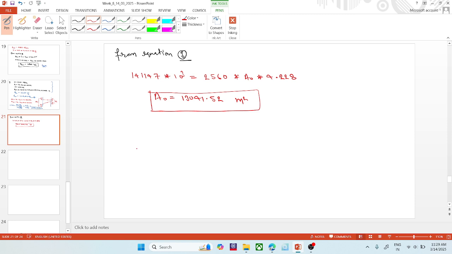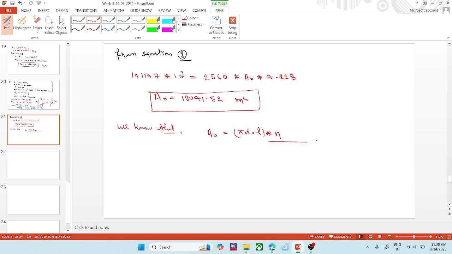Okay, now we know that this heat transfer area would be equal to the heat transfer area for a single tube, pi d naught L, into the total number of tubes n.